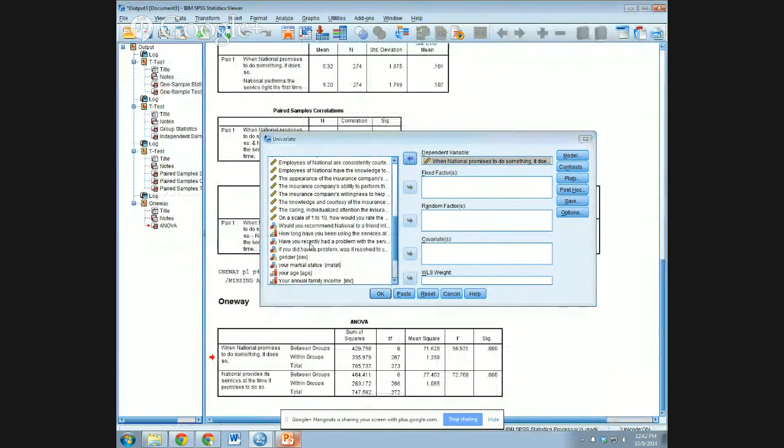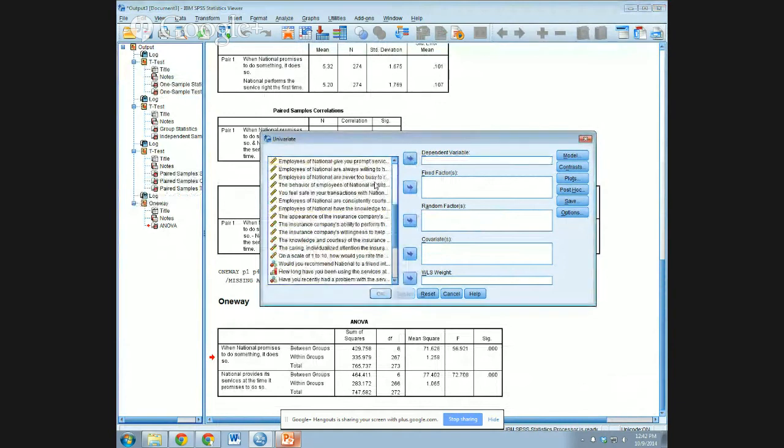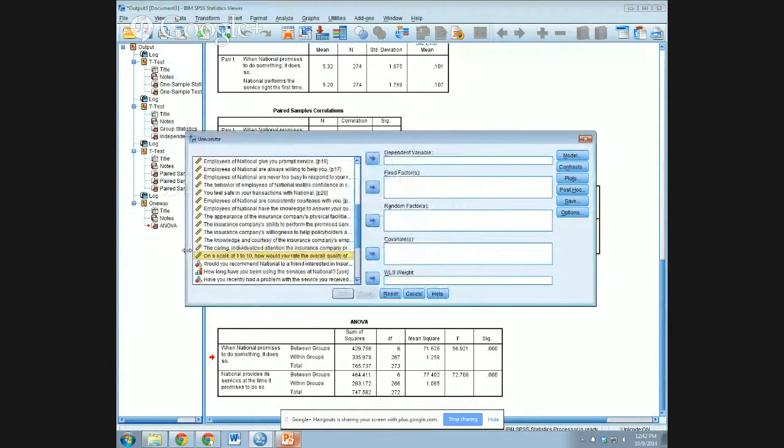And then I want to see if that is dependent on, sorry, because I just saw a new variable: on a scale of 1 to 10, how would you rate the overall quality of service? That is going to depend on whether or not, when National promises to do something, it does so.